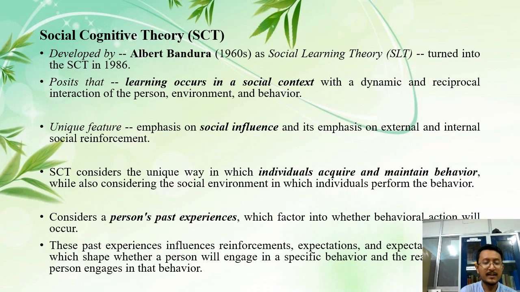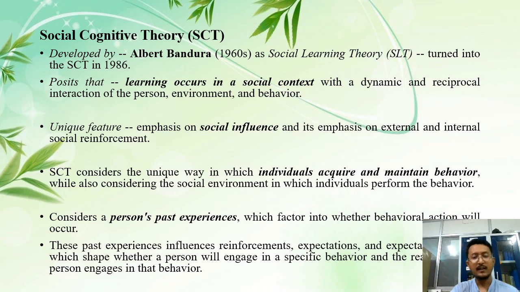Moving on to the next theory, which is known as social cognitive theory. This was developed by Albert Bandura in the 1960s, and initially it was known as social learning theory. This theory posits that learning occurs in a social context with a dynamic and reciprocal interaction of the person, the environment, and the behavior itself. Right?